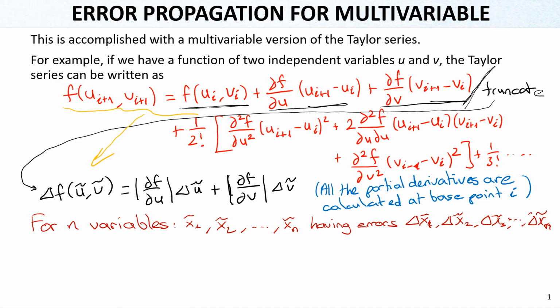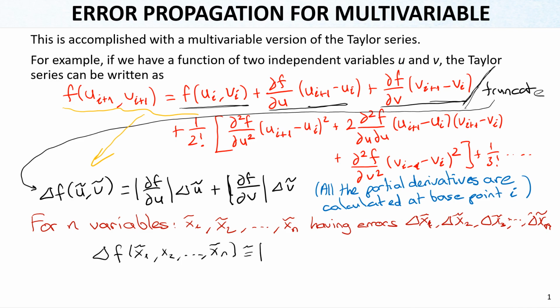And the Taylor series for this is now Δf(x1, x2, and onwards up to xn), infinite terms, or finite with n.